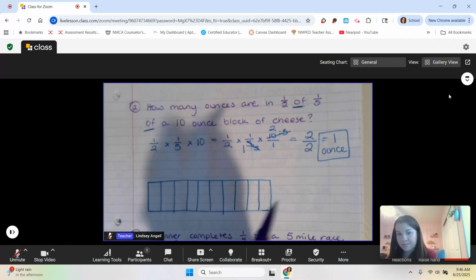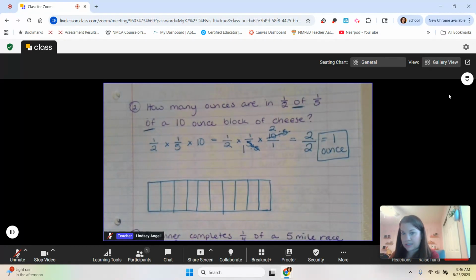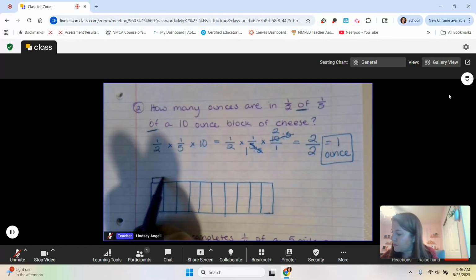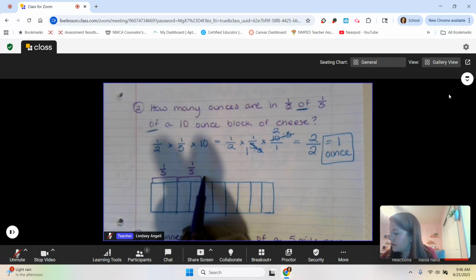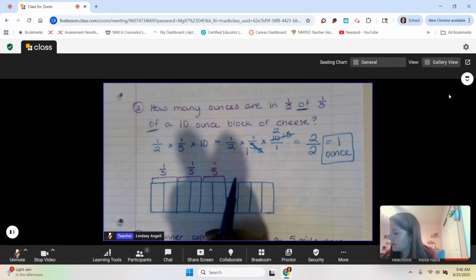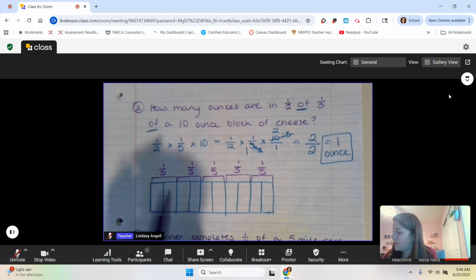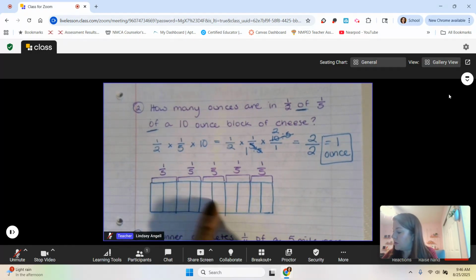Well, if I were to break that up into fifths, because like I said, we have 1/2 of a fifth. Well, here's 1/5. Here's 1/5. Here's 1/5. Right? Think, like, here's 1, 2, 3, 4, 5 equal pieces.